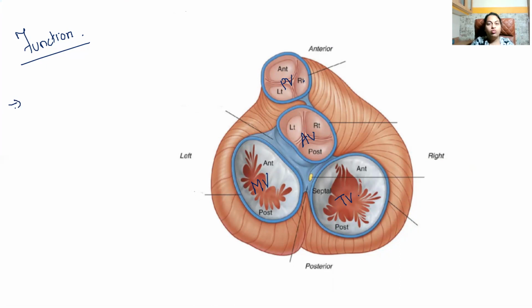And skeleton, why do you want to call it a skeleton? In our body, the skeletal framework gives attachment to the muscles.